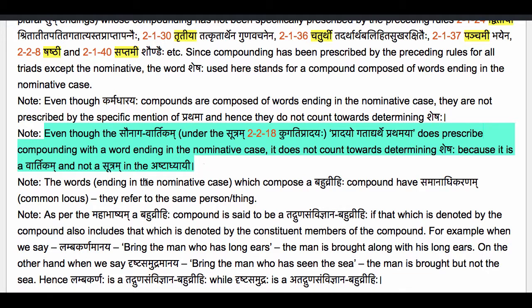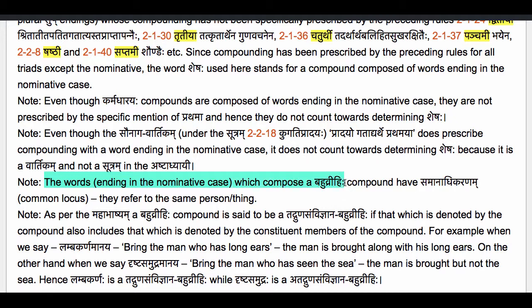The next note here says that the words ending in the nominative case which compose a Bahuvrihi compound have Samanadhikaranam, common locus. There are some exceptions to this which we will see later on, but as a general rule, the members of a Bahuvrihi compound refer to the same person or thing.